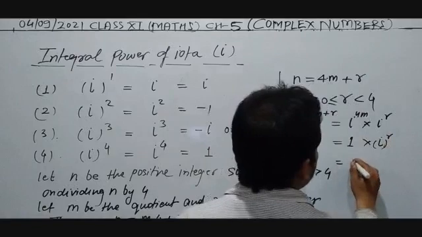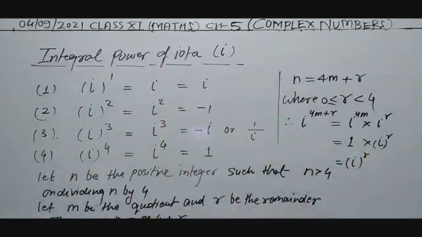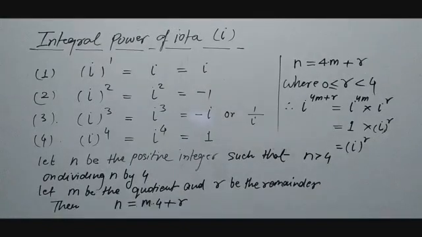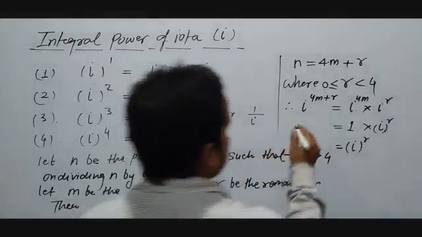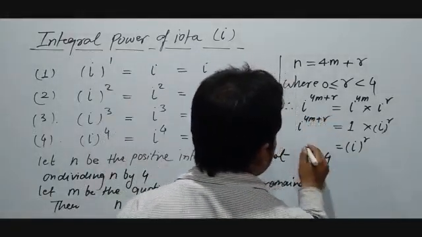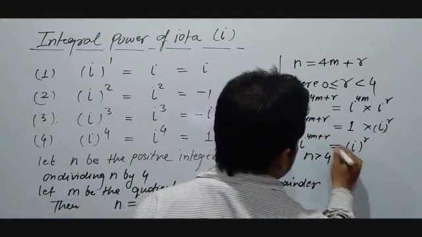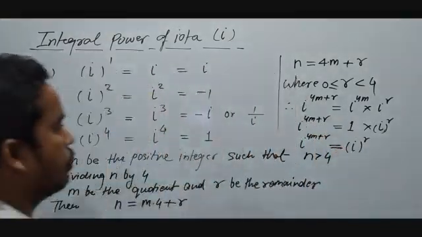The result will be i to the power r; the multiples of 4 drop out of the expression. Similarly, for i to the power 4m plus r, you get only i to the power r.